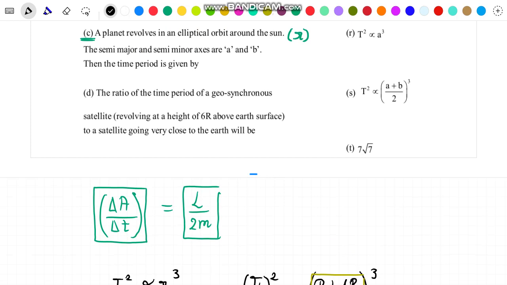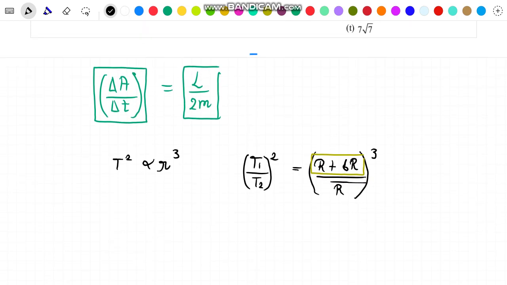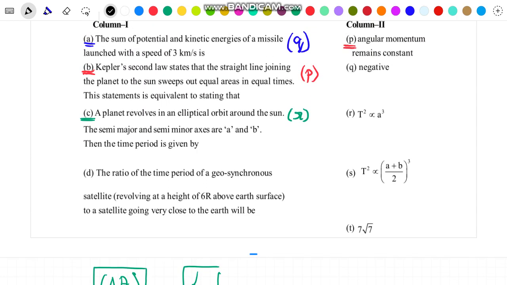Now comparing it with a satellite going very close to the surface of Earth, its orbital radius will be roughly equal to capital R. Now from here we can write the value of T1 by T2 will be equal to 7 root 7. So this will match with option T. So this is our final desired answer. Thank you.